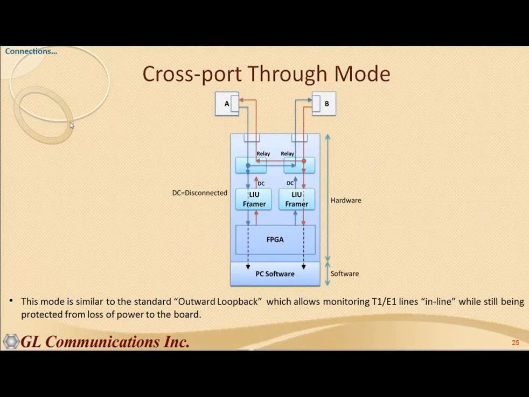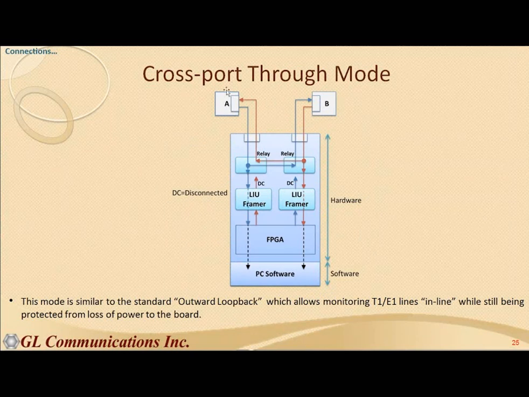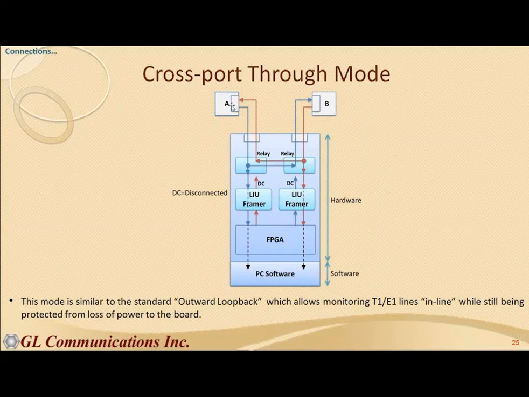Okay, so just to clarify what Shashi was saying here, cross-port through mode. What that means is, you've got a box A talking to box B, right? A is talking to B directly. Let's assume A is connected to B here directly. Well, all you have to do is break that connection, connect A to the T-Probe or whatever our platform here is, and connect B to this platform and put our box in cross-port through.